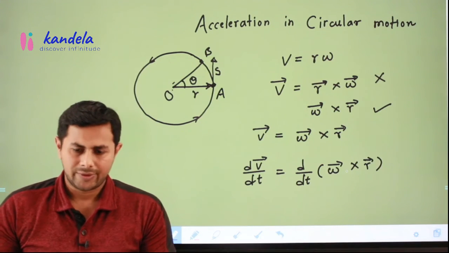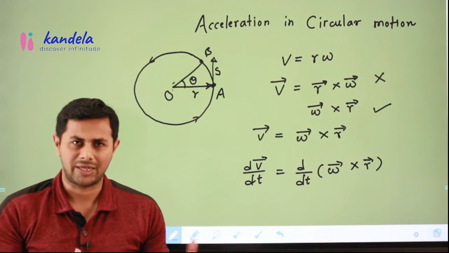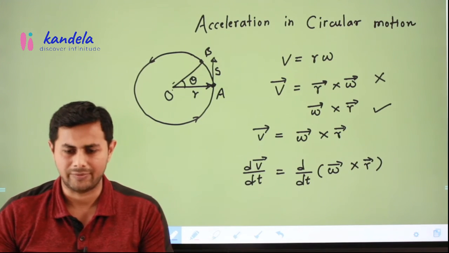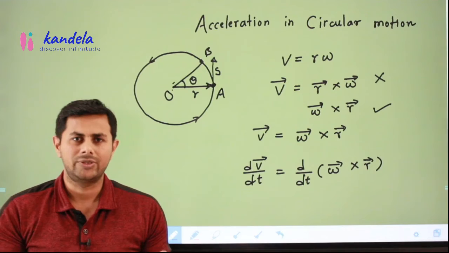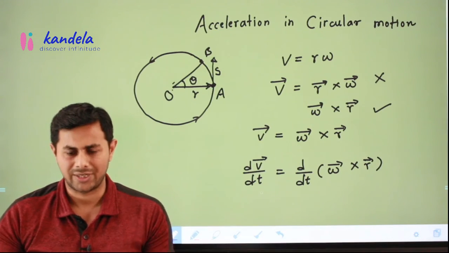Notice that we have two quantities over here, and potentially both of them can change with respect to time. So we have to make use of the product rule of derivatives.